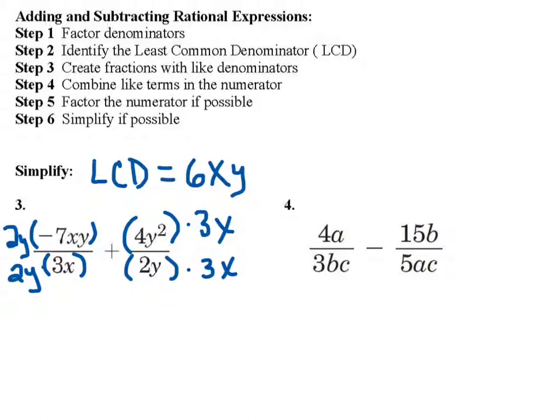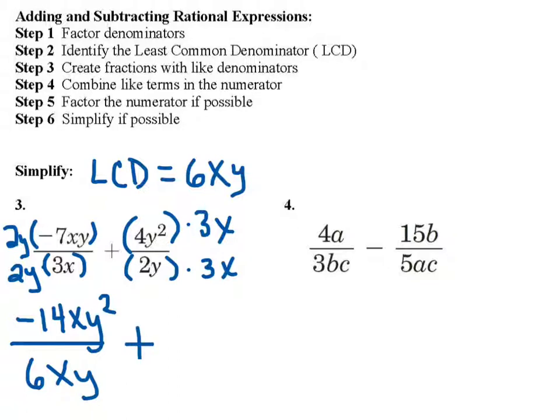Now that we have this common denominator, let's simplify by multiplying the numerators together. Negative 14xy squared over the 6xy plus, remember we're adding these two together, and multiplying these numerators together, I have a 3x times a 4y squared.